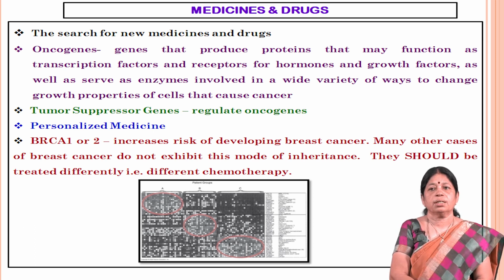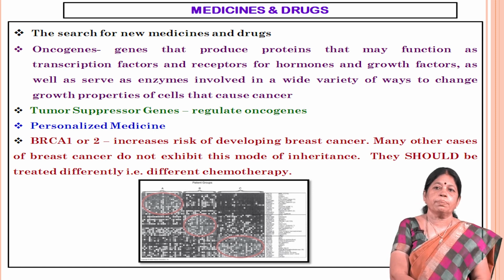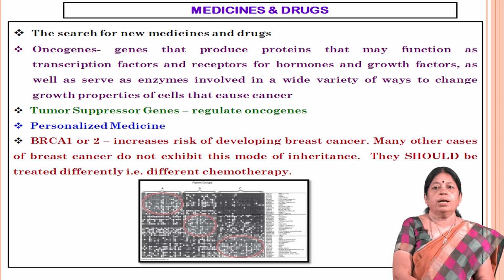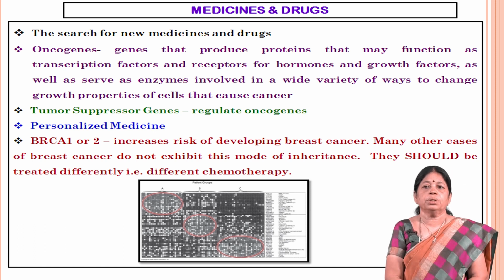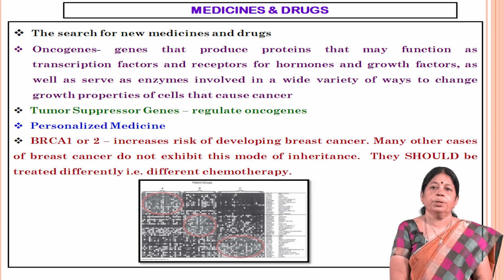Because oncogenes are the cancer producing genes, tumor suppressor genes can be developed through regulating the oncogene. The gene regulation occurs, so we can use this gene therapy for the suppression of the tumor.